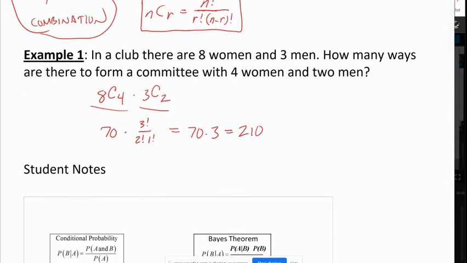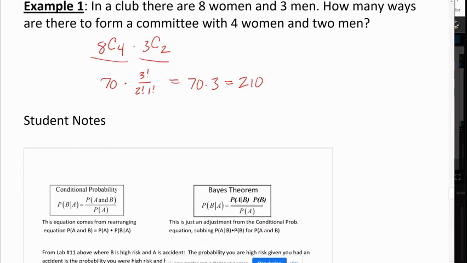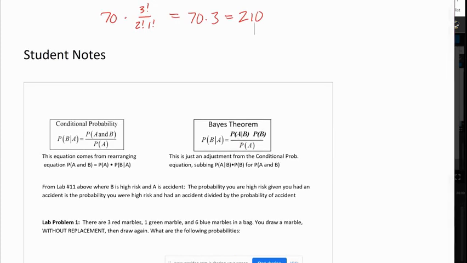Okay, so now you should be ready to do the rest of the student notes for chapter 4. You've got some formulas on conditional probability. This Bayes theorem formula is a formula that you can use, but in a lot of cases, just like the examples I showed earlier in this lesson, you'll be able to find these probabilities without using Bayes' theorem, just by using reasoning, like in the examples I showed, how you can do a lot of these problems without the formula.